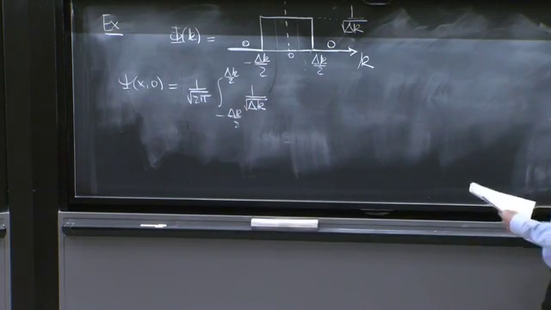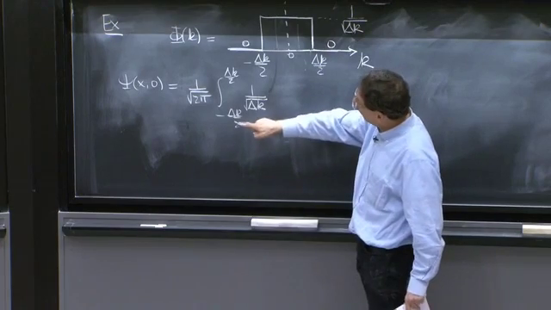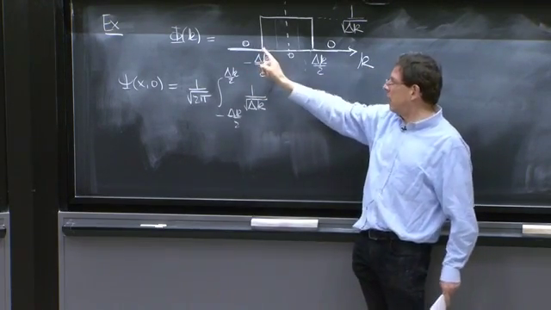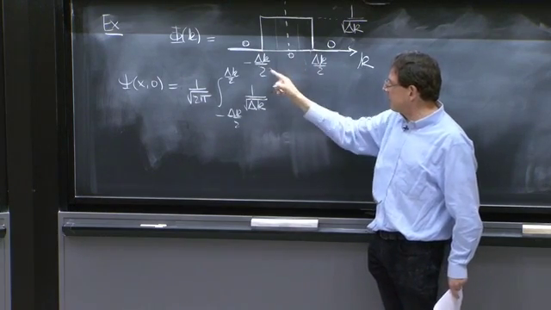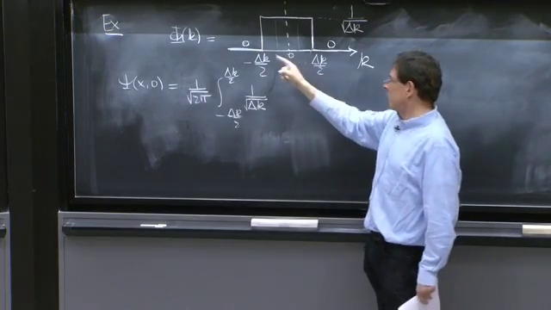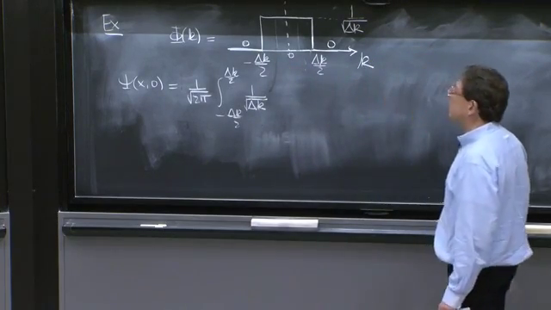That's the whole function, and the integral was supposed to be from minus infinity to infinity, but since the function only extends from minus delta k over 2 to plus delta k over 2, you restrict the integral to those values.